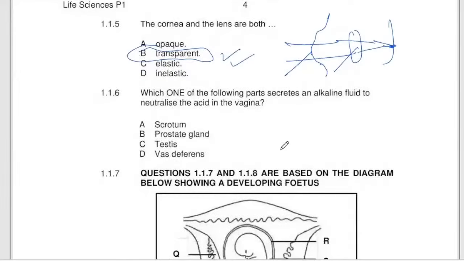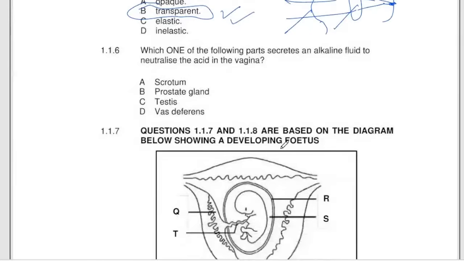Which one of the following parts secretes alkaline fluid to neutralize the acidity of the vagina? Remember that the prostate gland, the Cowper's gland, and the seminal vesicle were joined together.